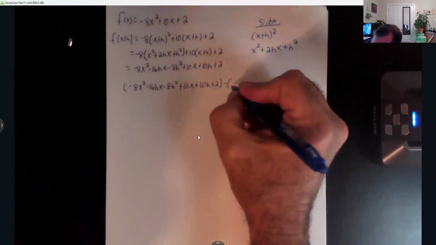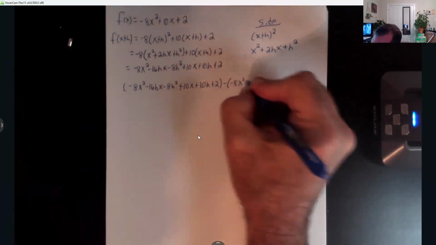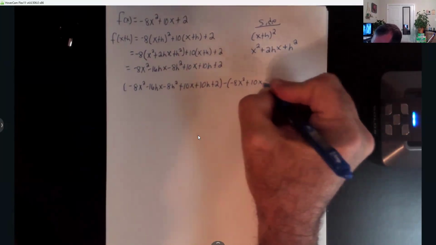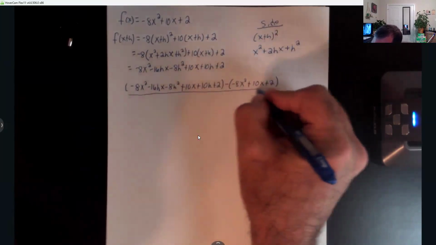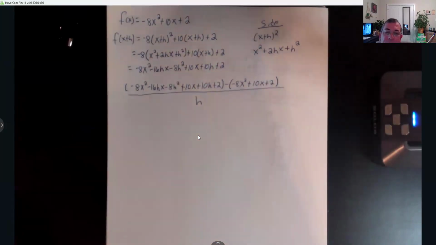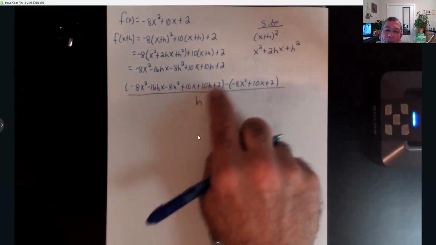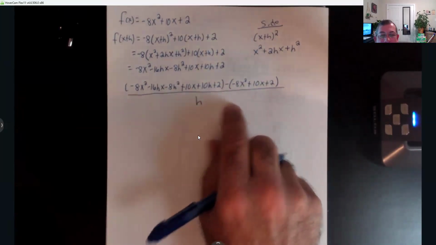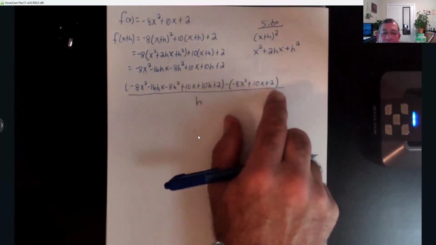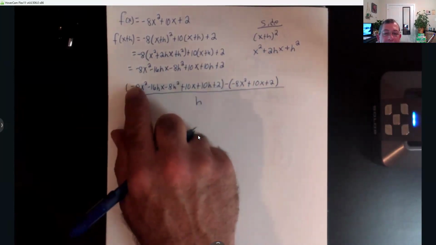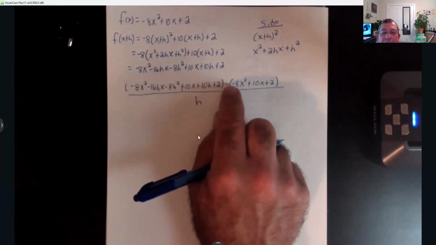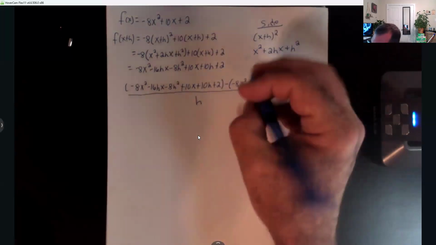Minus f of x, which is the negative 8x squared plus 10x plus 2, all over h. Now, y'all, if you don't want to distribute this and have to rewrite it, cancel all three of these with their counterpart over here. Because this negative 8x squared, that's really a negative times negative, positive 8x squared.